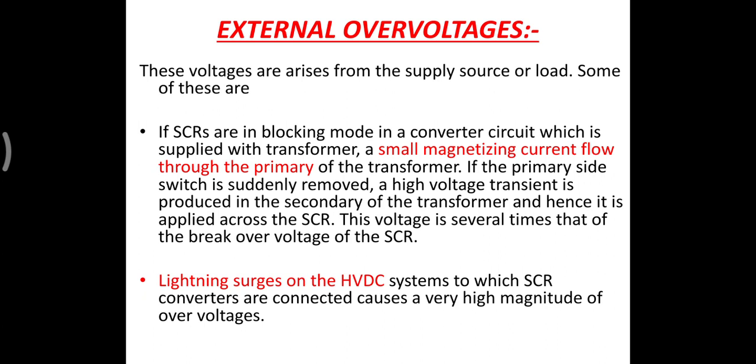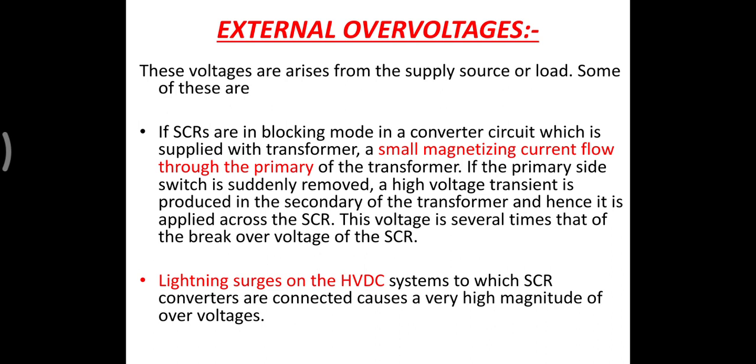During the blocking mode in a converter circuit supplied from a transformer, a small magnetizing current flows through the primary of the transformer. When we are operating, the circuit is connected to a transformer, and this transformer primary has some magnetizing currents.